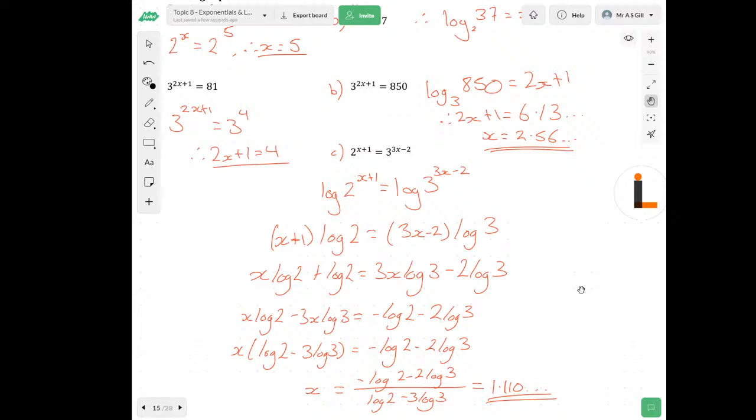Okay, so I'll give you a few moments just to get any of those bits that you need to get copied out. And then we'll look at an exam question that builds off of this topic.